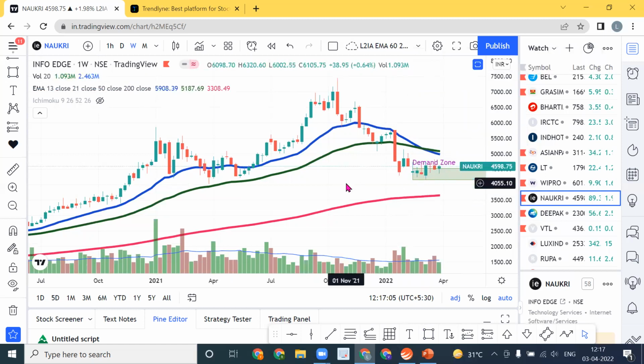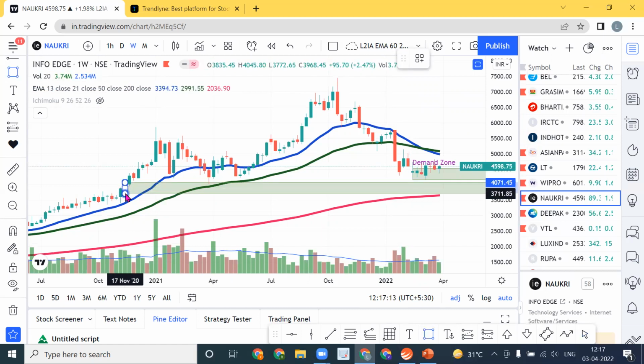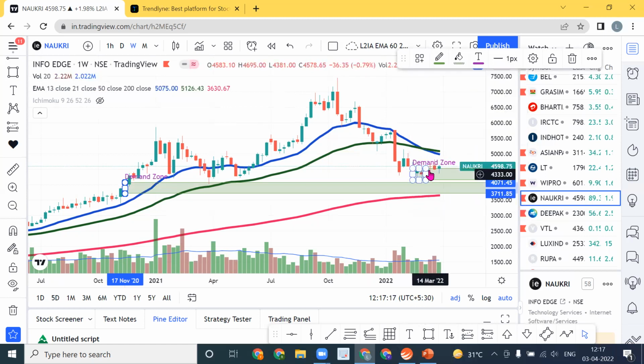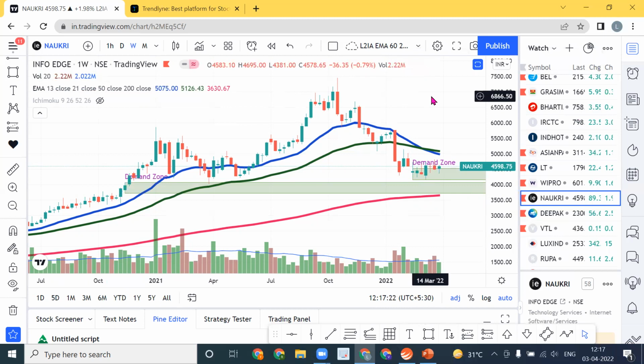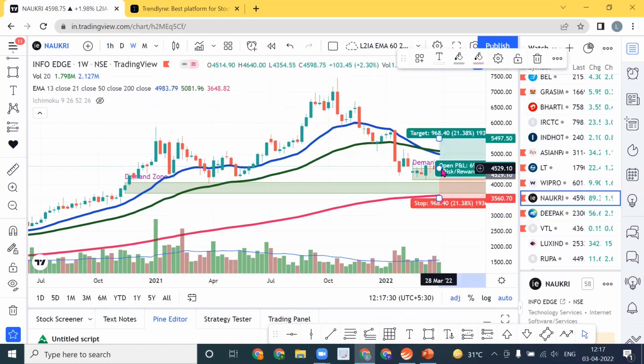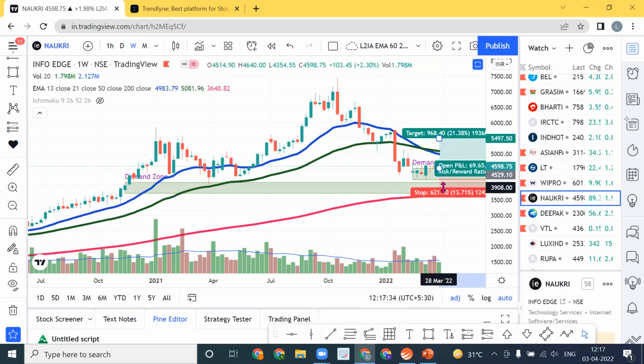It is in the buy zone currently. There is a small demand zone here also, which is exactly, you can see, just below this zone. So both these demand zones are lying very near to each other. How do you buy it? I take a long position here. I put my buy levels here. I put my stop loss level a little below.